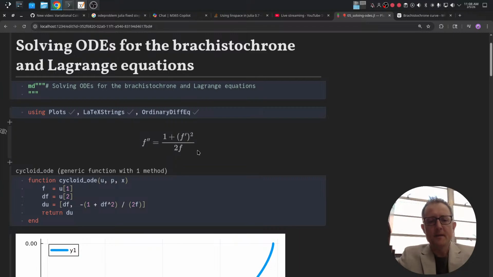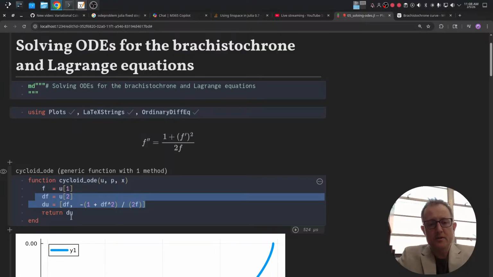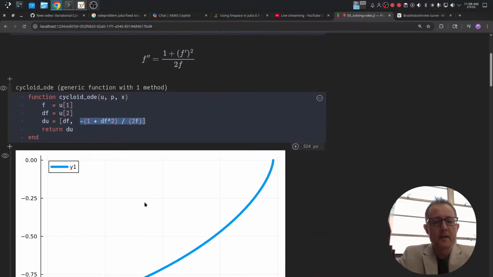I'll hide that. So this is my differential equation, and what I'm doing here is splitting it up into two differential equations. Since it's a second order equation, I'm setting it up so the derivative of f is df dx, and then the derivative of f prime is my differential equation here.